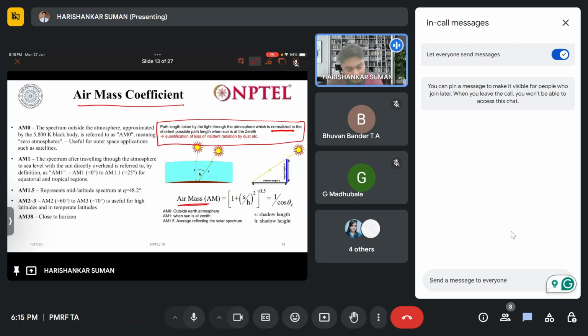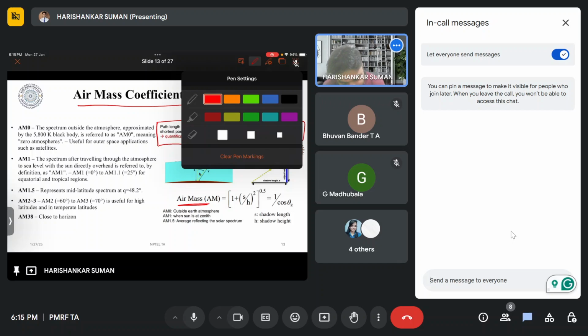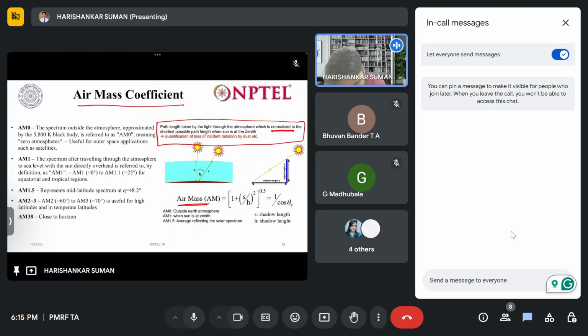So the air mass coefficient, let's see in the picture. When the sun is at zenith, this is the shortest path.